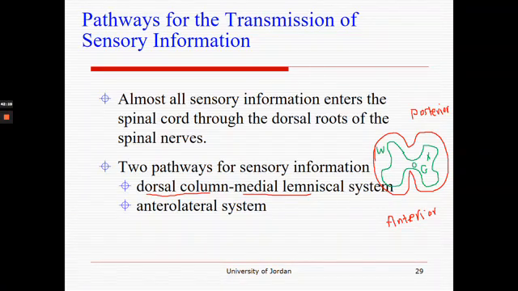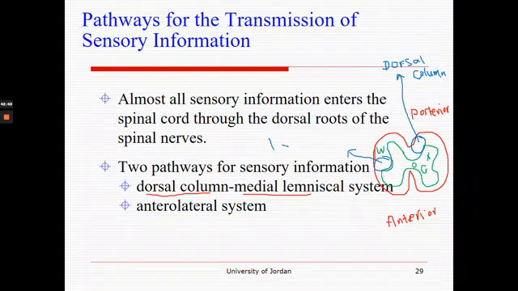Here we have the posterior column or dorsal column, and we have here the lateral column, and these columns consist of collections of axons.